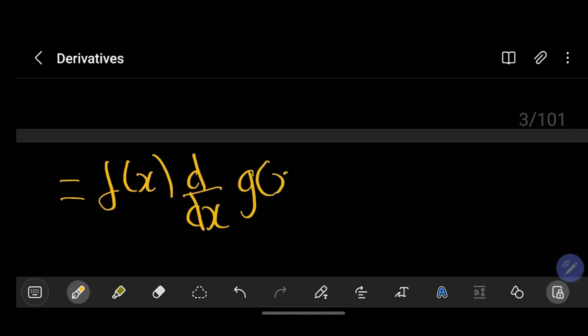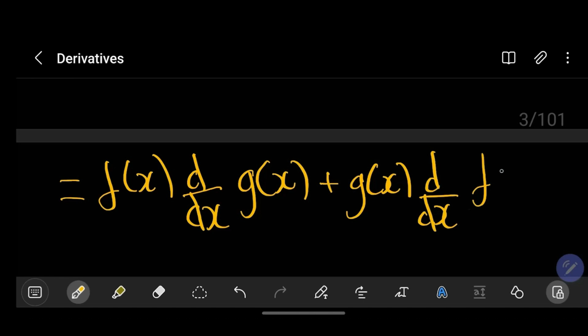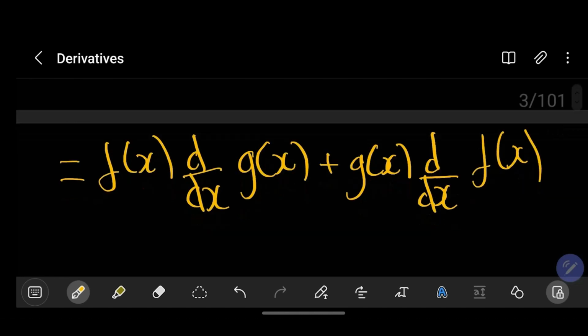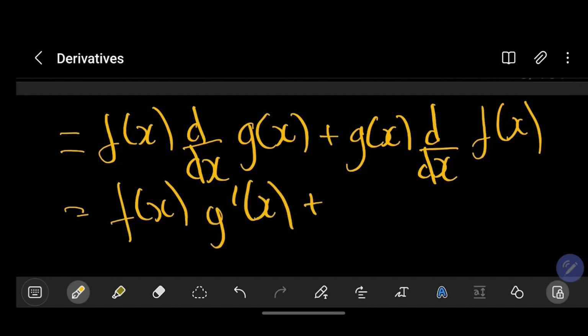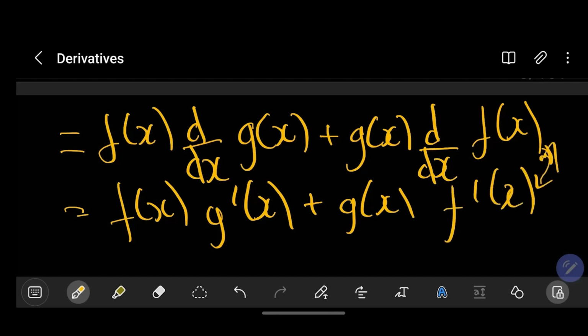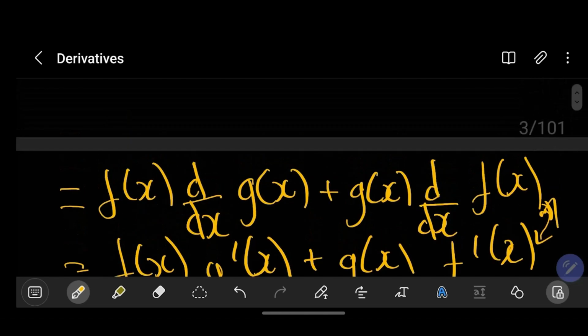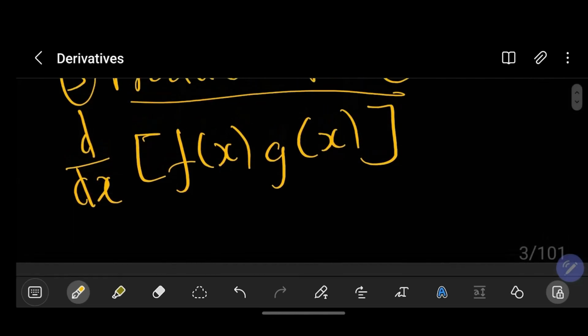So we take f(x) as is, we find the derivative of g(x), plus we keep g(x) as is, and we find the derivative of f(x). We can rewrite that as f(x) g'(x) plus g(x) f'(x). It's the same thing, right? If you don't want to say d/dx. So just remember, this is the product rule when you have f(x) and g(x).